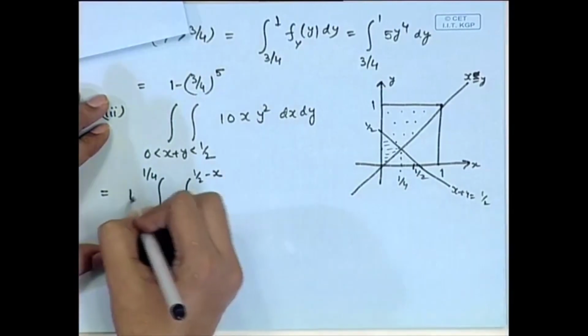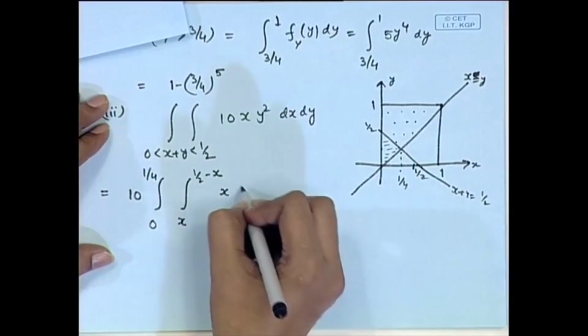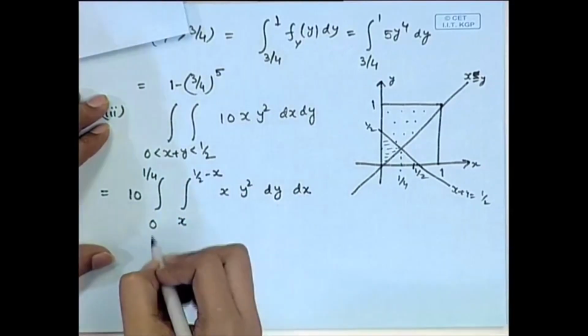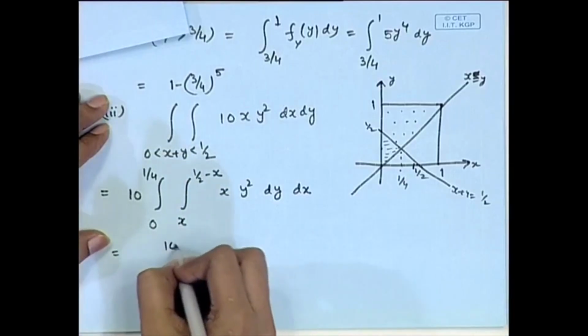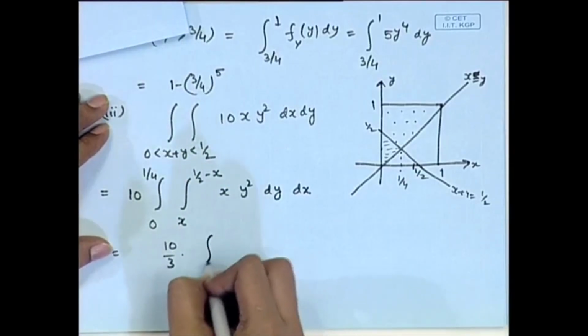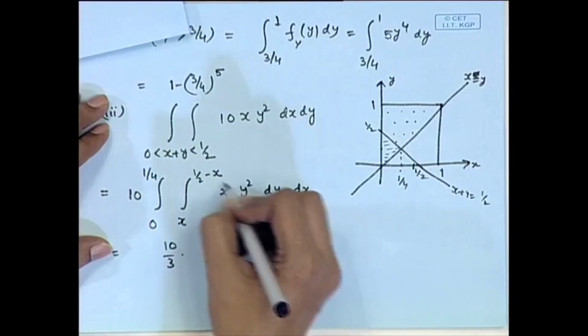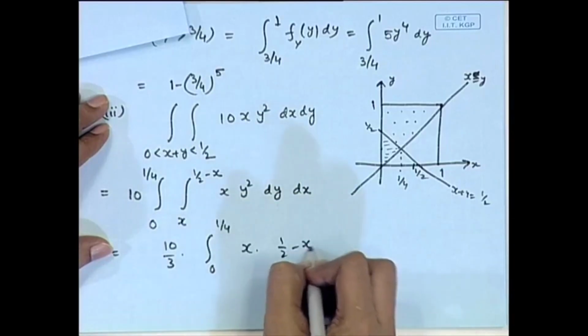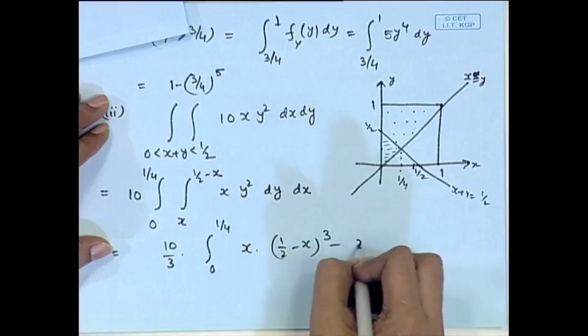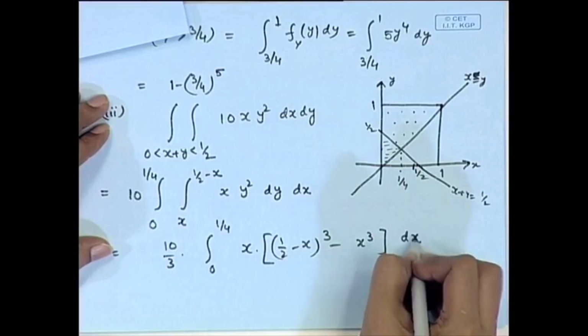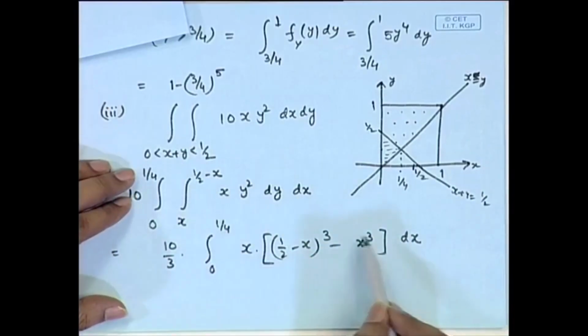So, this is 10 x y square dy dx. So, this is 10 by 3, integral from 0 to 1 by 4 of x. Now, this is y cube, so it is (half minus x) cube minus x cube. So, this is a simple integral and one may be able to evaluate this quickly.